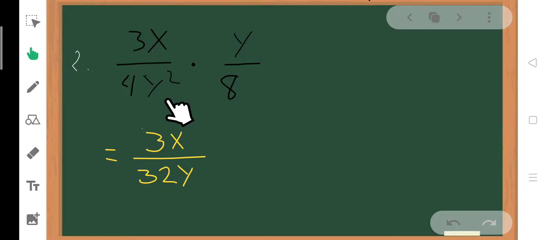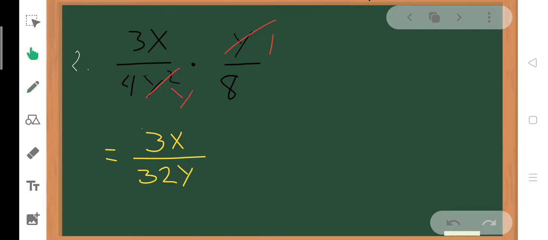So a common factor of y. So we can cancel that. We have y divided by y, so this becomes 1. And then y squared divided by y becomes y.